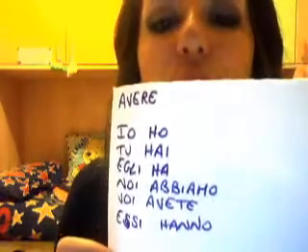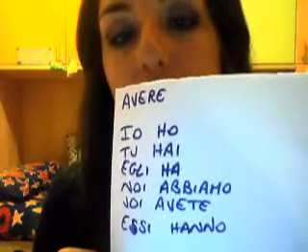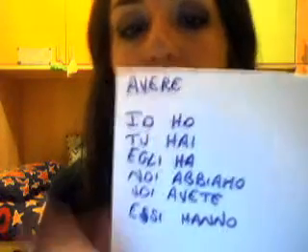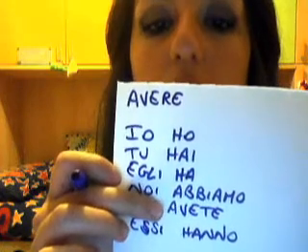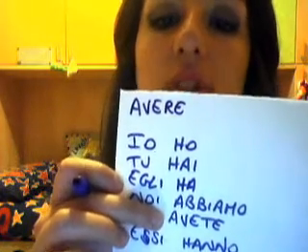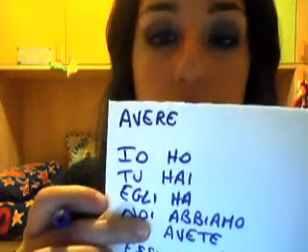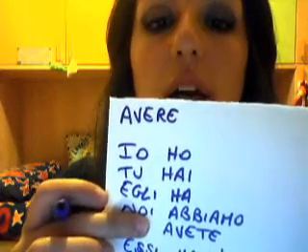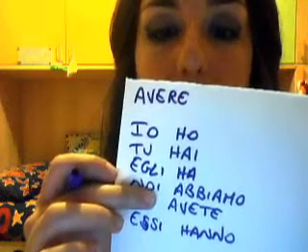So as you can see, in every kind of person, with the exception of the first and the second plural person, we have the H. In the first and the second plural person, we don't have it.